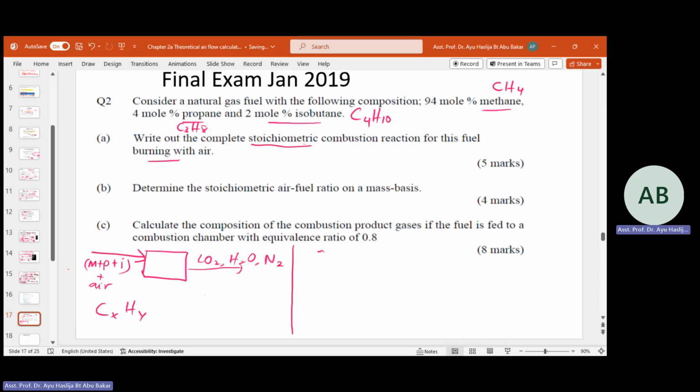So buat satu-satu untuk carbon: 94% of methane, so methane carbon 1. Then 4 mole, 0.04, propane 3 carbon. Then plus isobutane is 2%, divided by 4.